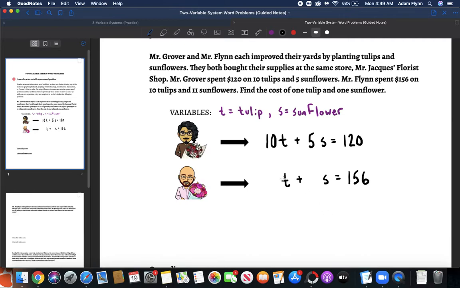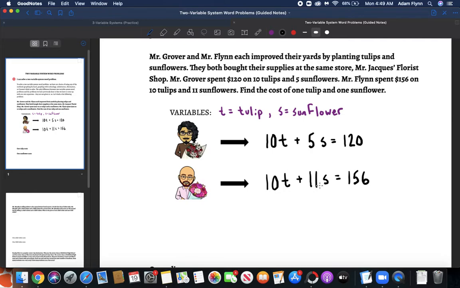To figure out what amounts of tulips and sunflowers I actually bought, we go back up to our equation and we see here that I bought 10 tulips and I bought 11 sunflowers. So those are going to be my coefficients of my variables. If you take a look here, we actually have a two variable system of equations, with our variables being t and s.